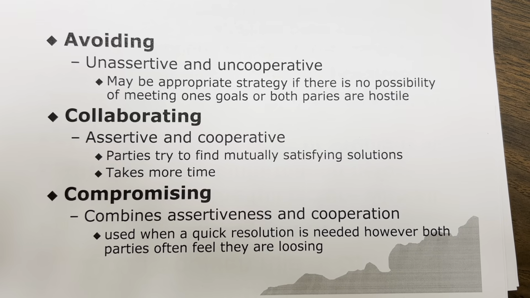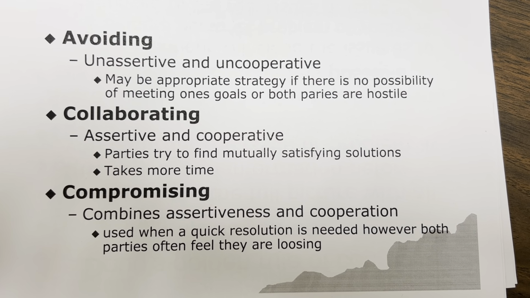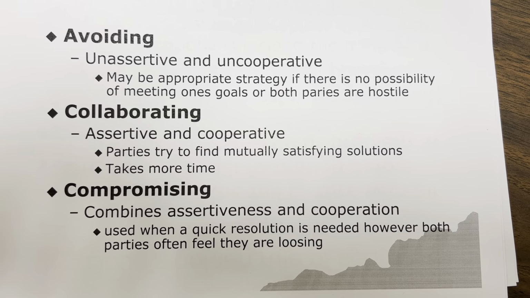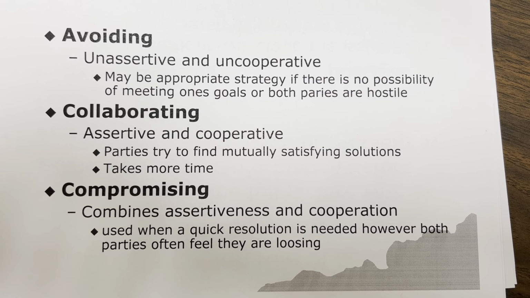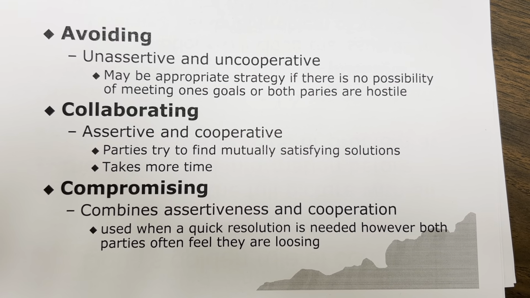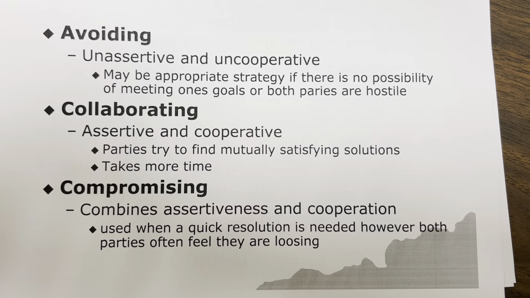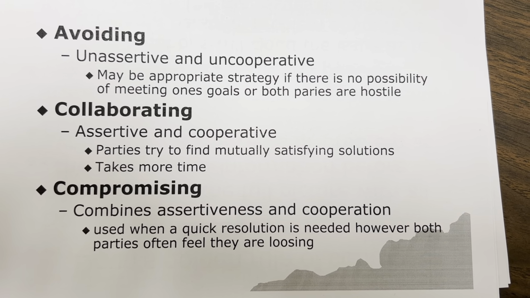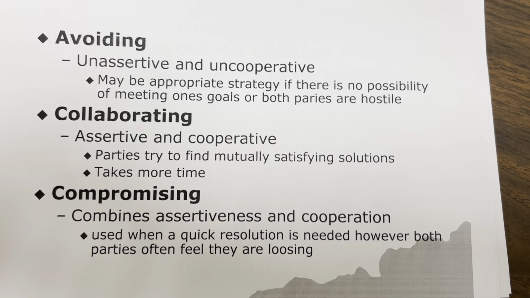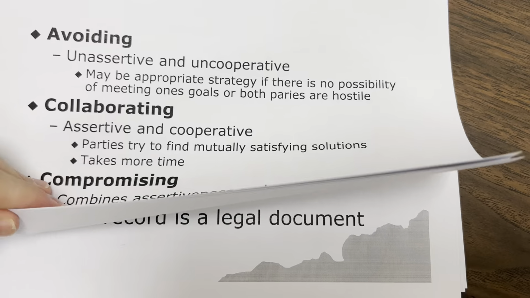Collaborating: assertive and cooperative, parties try to find mutually satisfying solutions, takes more time. Compromising combines assertiveness and cooperation, used when quick resolution is needed. However, both parties often feel they are losing.